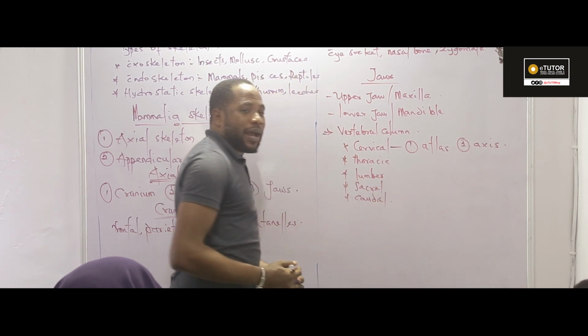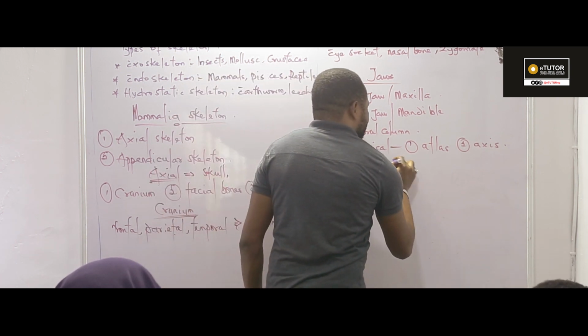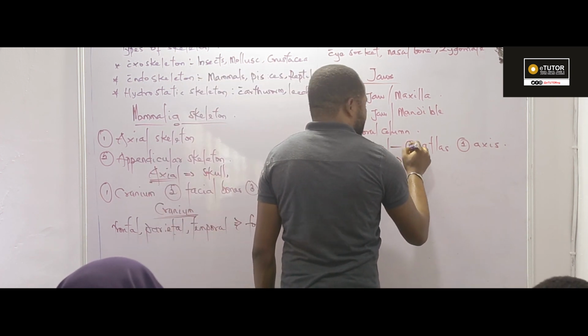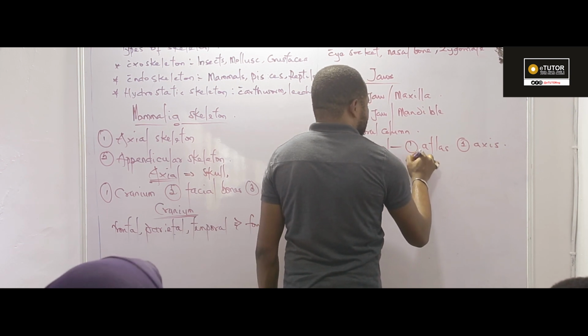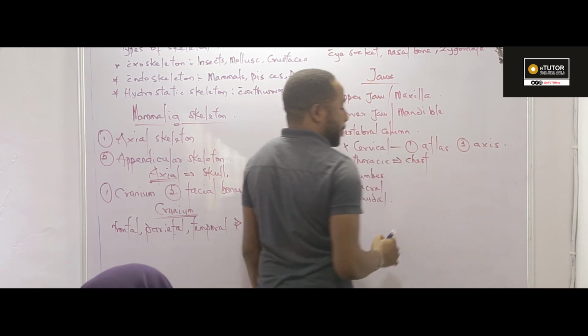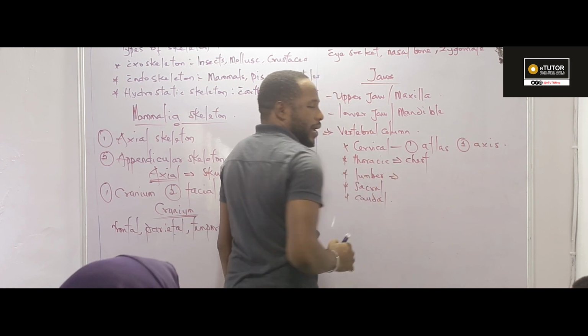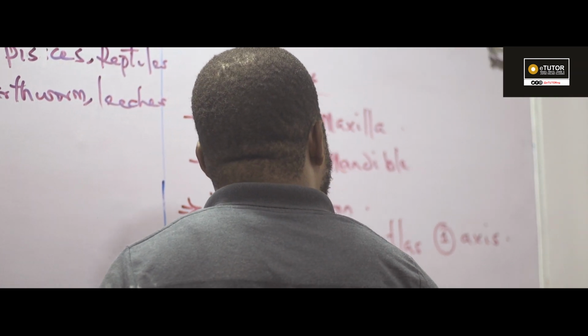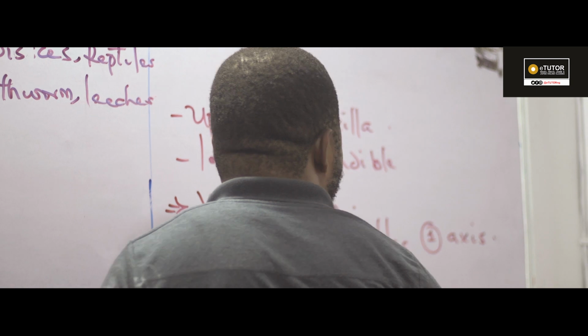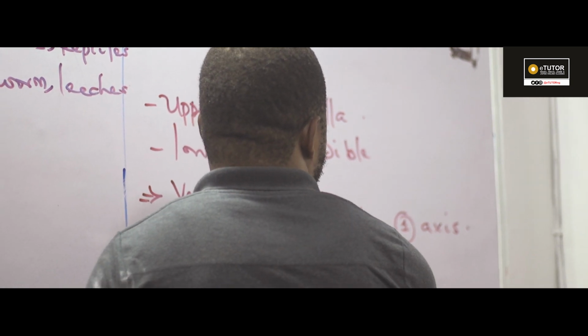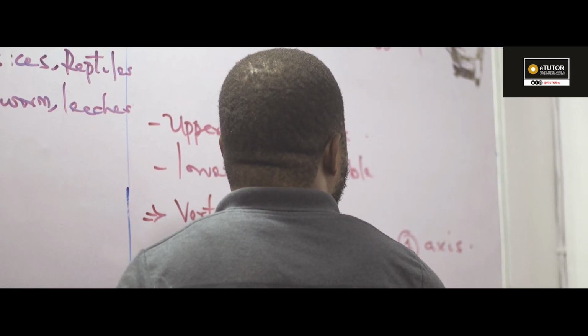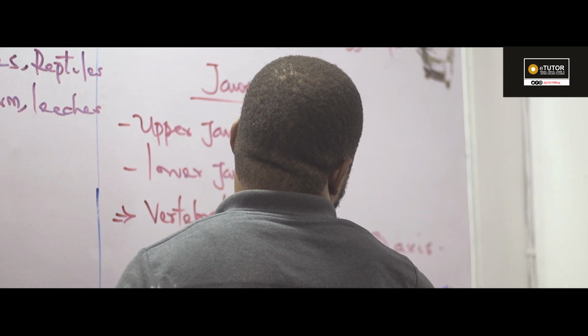The thoracic is the bone of the chest, articulating with the ribs. The lumbar, the bone of the upper abdominal cavity.